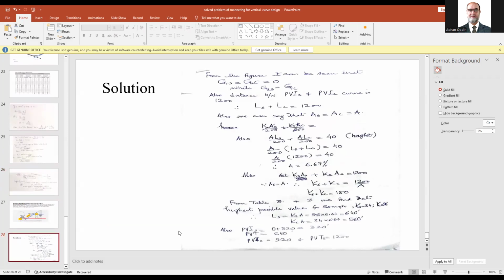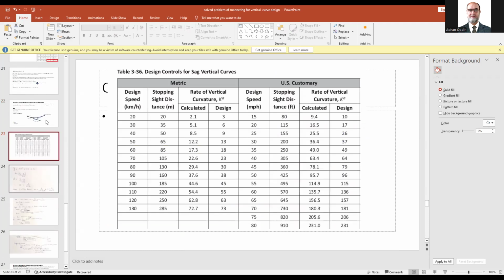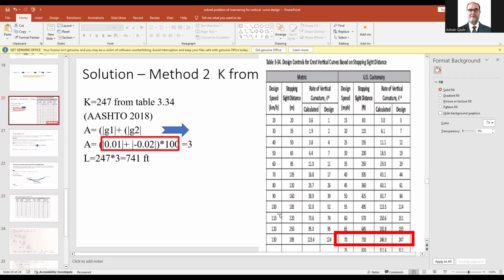So what we need to do is arrive at one speed at which, if we add the K values, it becomes 180. For instance, if we select a speed of 40, K is 64 for the sag curve, and for 40, the crest curve K is 44.